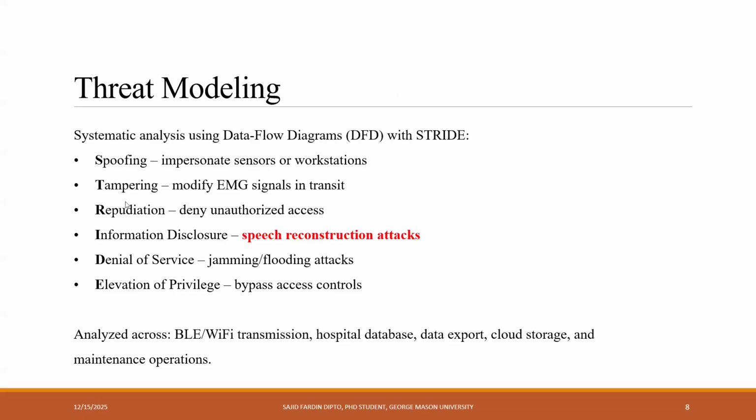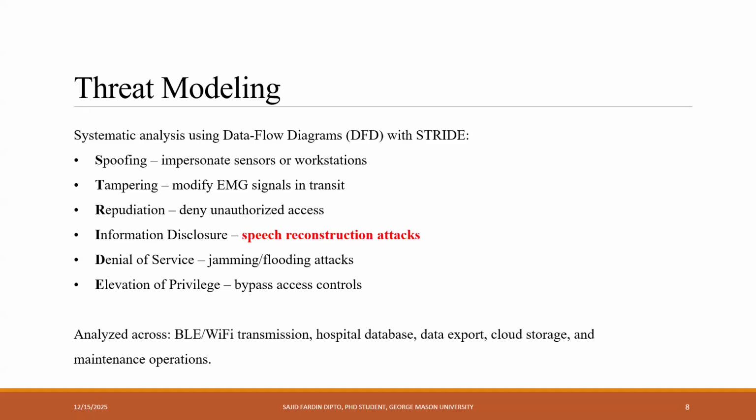So for threat modeling, I designed a data flow diagram considering the STRIDE model. Here, a person can impersonate the sensor or workstations, that's spoofing, and an attacker can modify EMG signals, that's tampering, and there's also unauthorized access. But the most important thing is information disclosure.